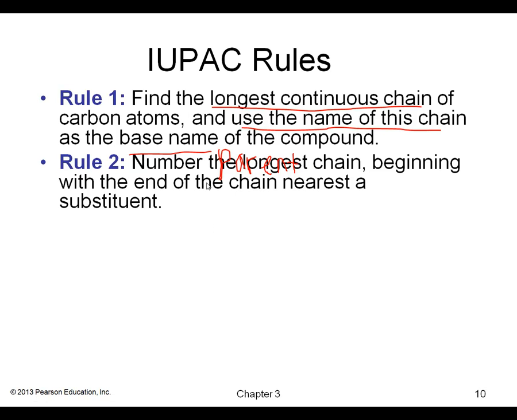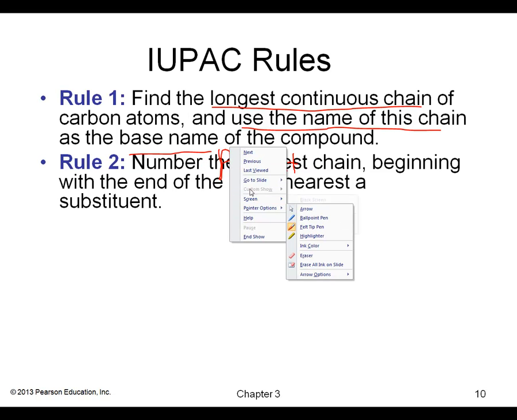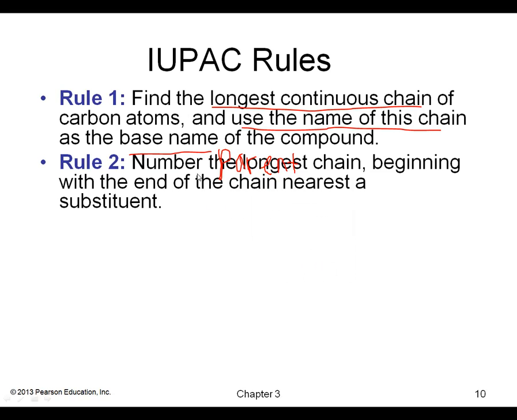Rule 2 says to number the longest chain beginning with the end of the chain nearest a substituent or a branch.